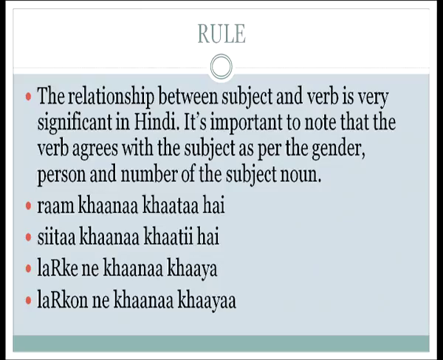One sentence is Ram khana khata hai, right? Ram is a person, he is a male and he is eating. So khata is depicting that particular subject verb agreement. And now, Sita khana khati hai. Sita is a girl, she is a female. Wo khana khati hai. Again here the verb is agreeing with the subject according to gender.